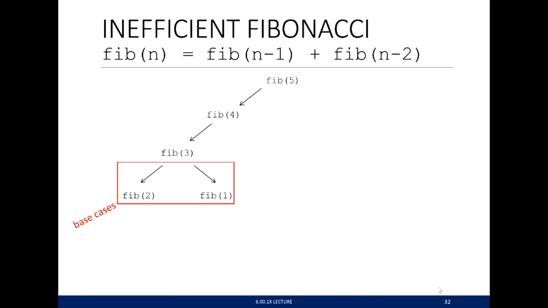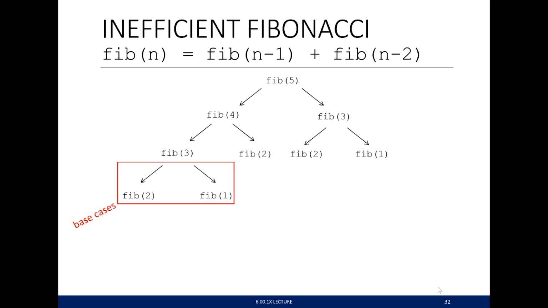Now, those two are the base cases. I've unwrapped it all the way down to that level. Having got fib of 3, fib of 4 also needs fib of 2, and that's also a base case. And then finally, fib of 5 needs fib of 3 as well as fib of 4, and that's got to do another set of computations. It's building a tree of computations, if you like.